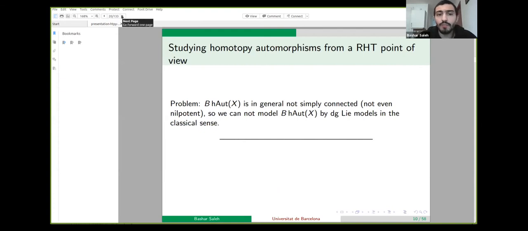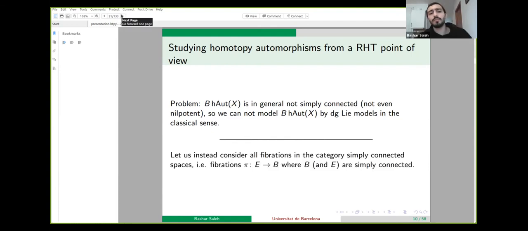Now, if we want to study this space from a rational homotopy point of view, this is not really possible in the classical sense, because in general it's not simply connected. It's not even nilpotent. So we cannot model it by DG Lie algebras in the classical sense. So how to solve this problem?